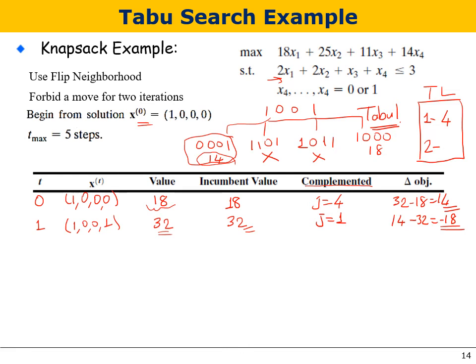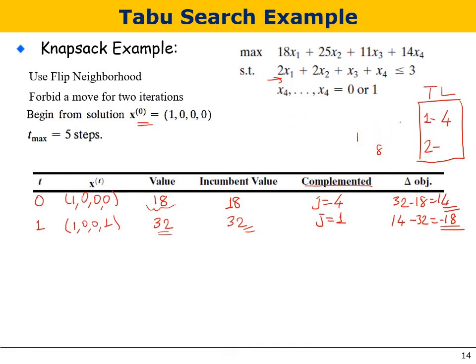Okay, now I can input the new step. Let me just delete this part, and in t equals 2, now my current solution is this one with objective function value equal to 14, but the incumbent is still 32.